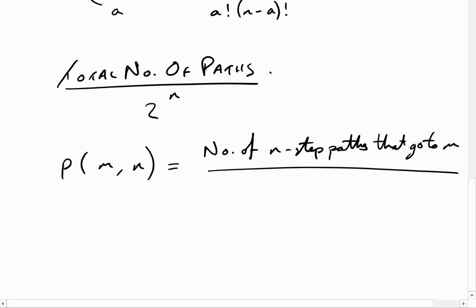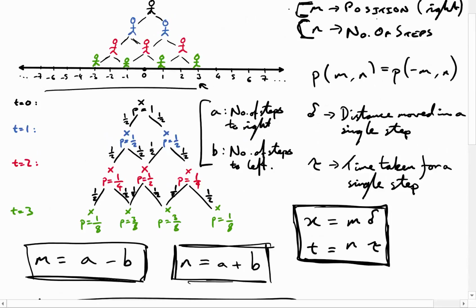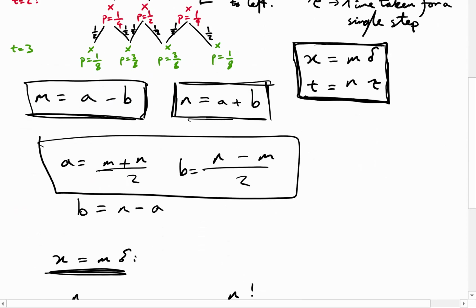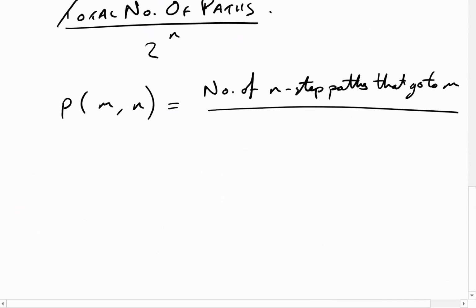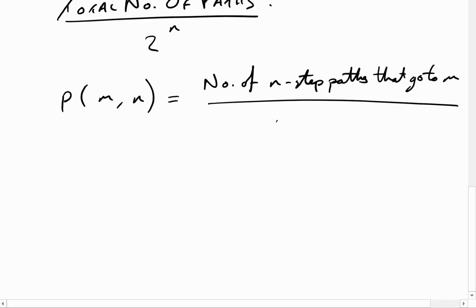So this is just the number of paths, say 3 steps or 5 steps or whatever that I can take, which get me to a certain point on this number line. It's the number of paths which I can take to get me to a particular point, divided by the total number of n-step paths that I can take in total.